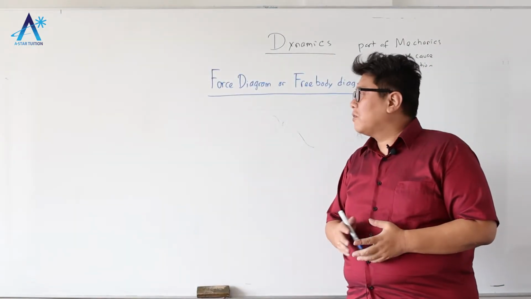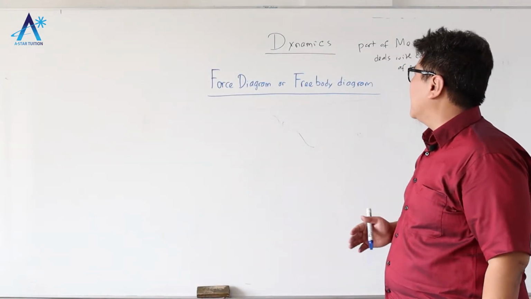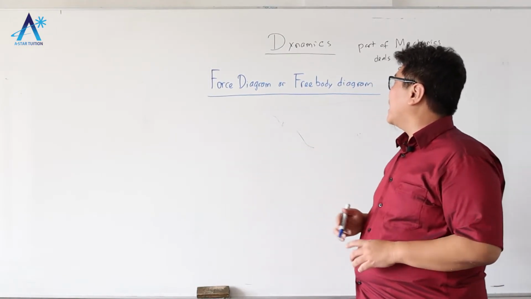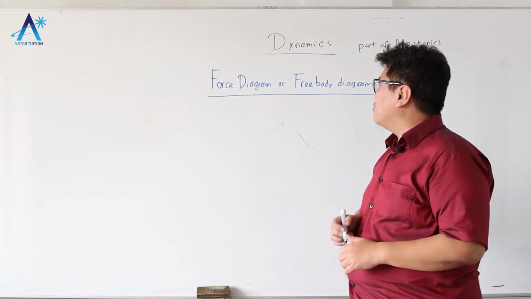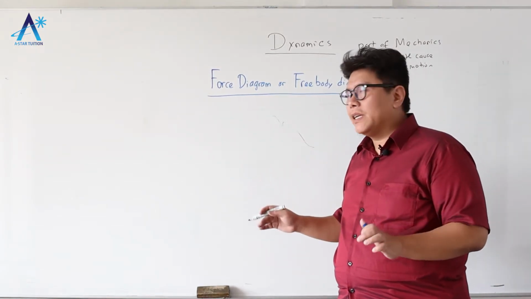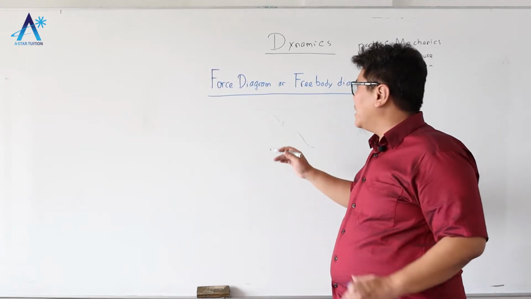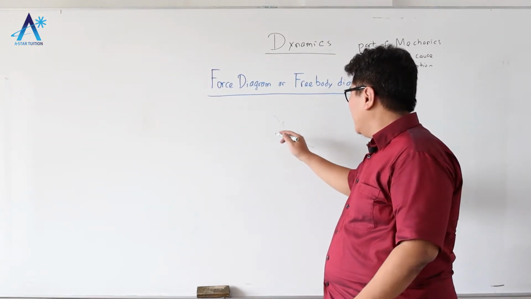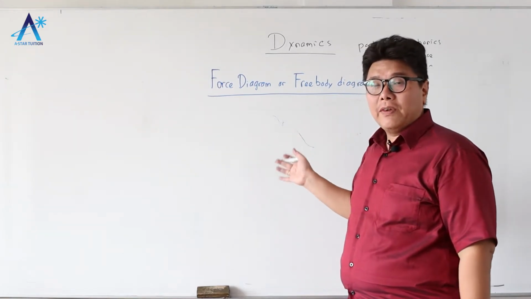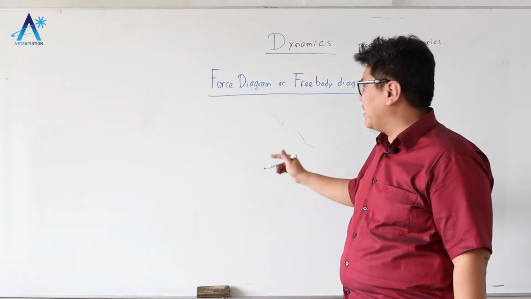Now let's talk about force diagram or free body diagram. In order to solve a problem in mechanics, we sometimes need to draw a force diagram to see what forces are acting on an object, and then analyze the forces by resolving the vectors. Remember, force is a vector.